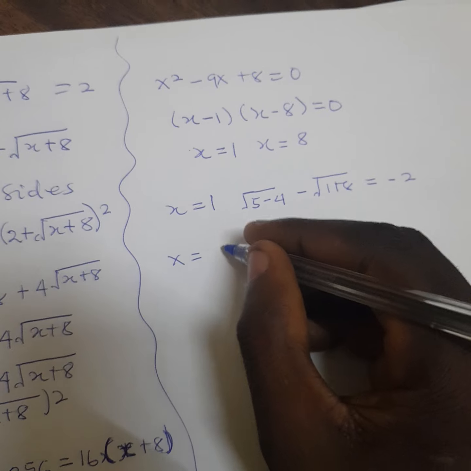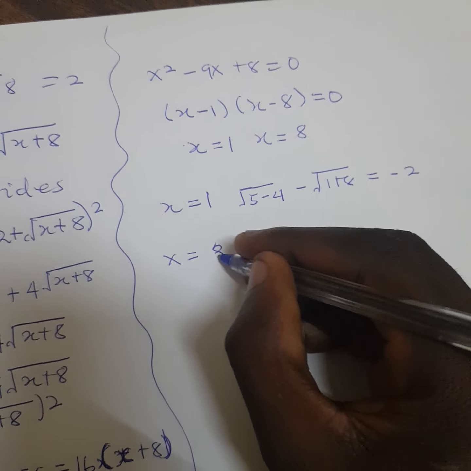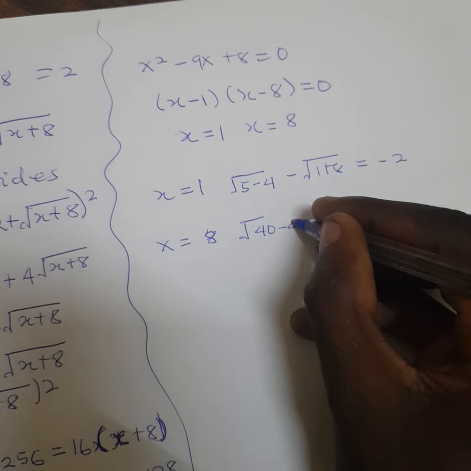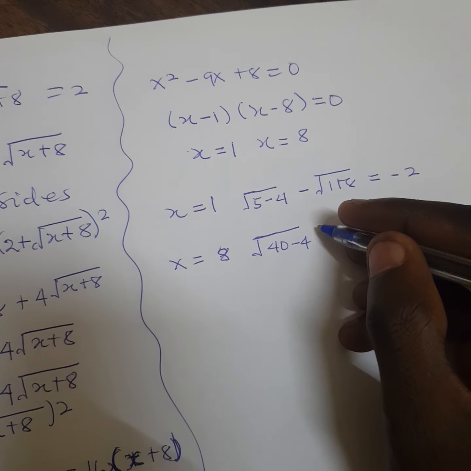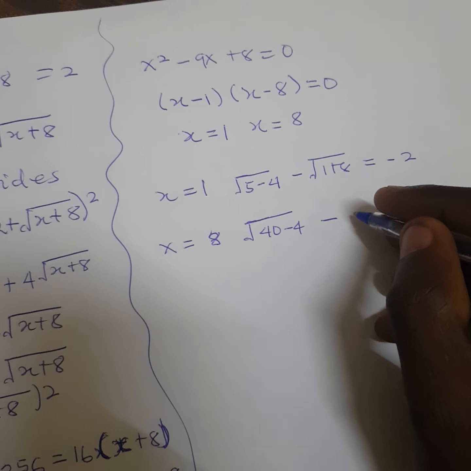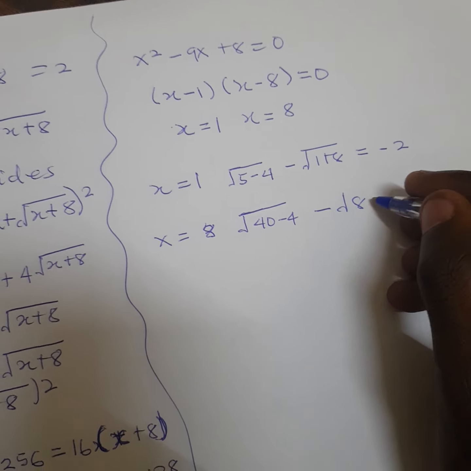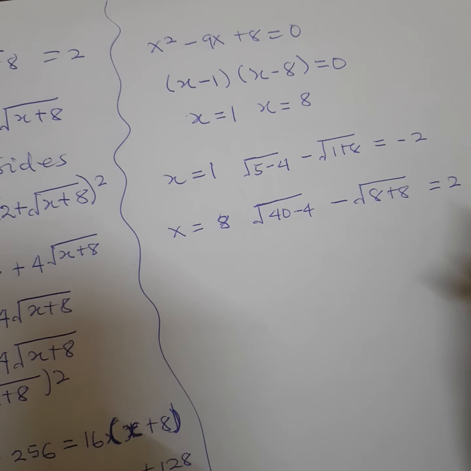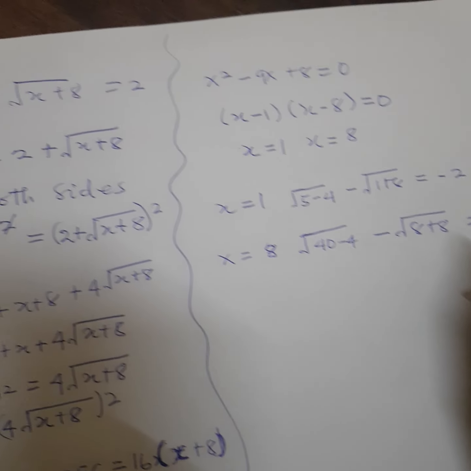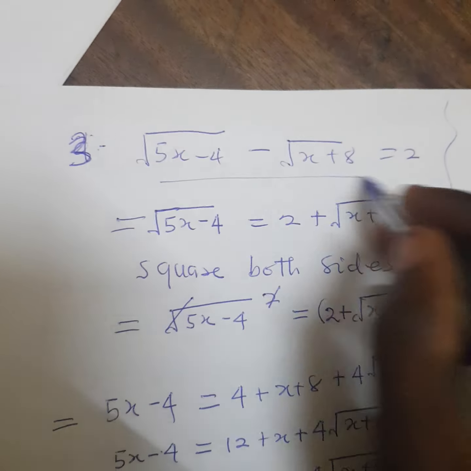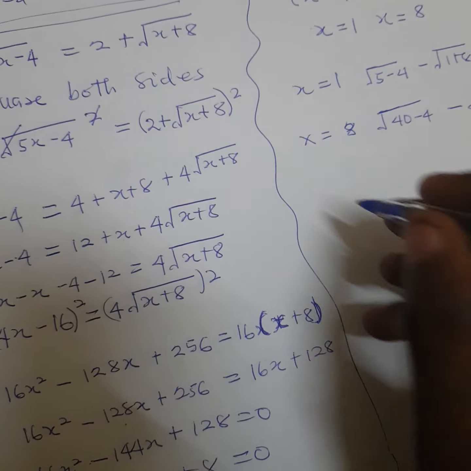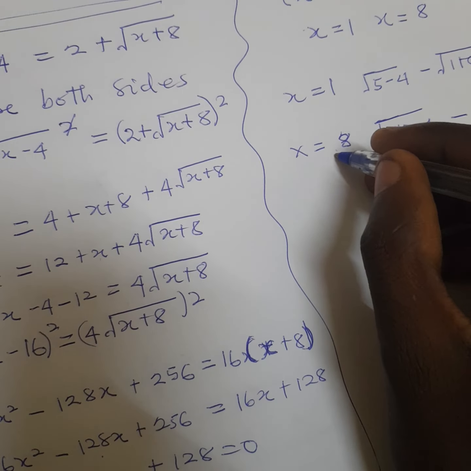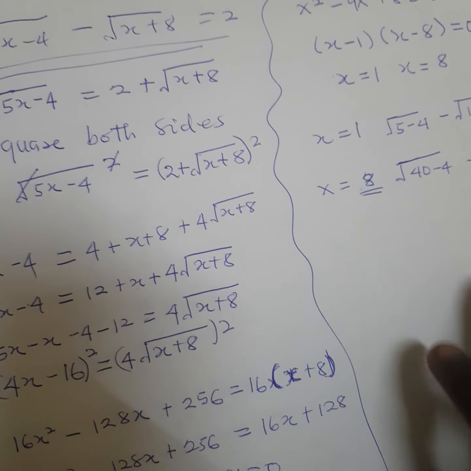Then when x is equal to 8, it will be 40 minus 4, under a root sign, then 8 plus 8, also under a root sign, which will give us what? 2. So looking at the equation given, we can see that x equals 8 satisfies the equation.